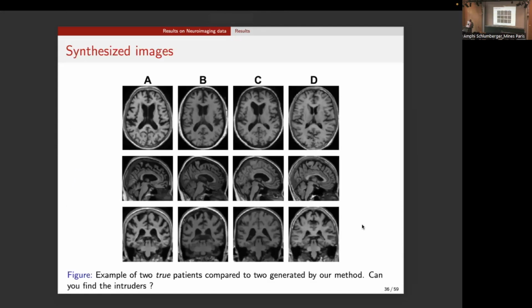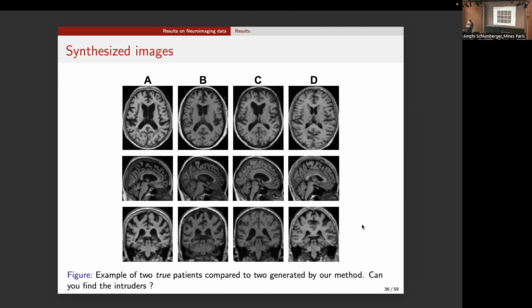The first question you can ask me is, okay, when you are sampling rings and circles, it looks like rings and circles, but what if you sample in this 15-dimensional latent space? I have 4 million dimensions and I project onto a latent space of dimension 15. If you sample from that 15-dimensional space, do we really have something that looks like brains?